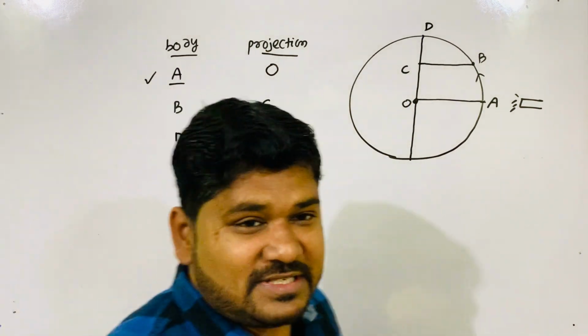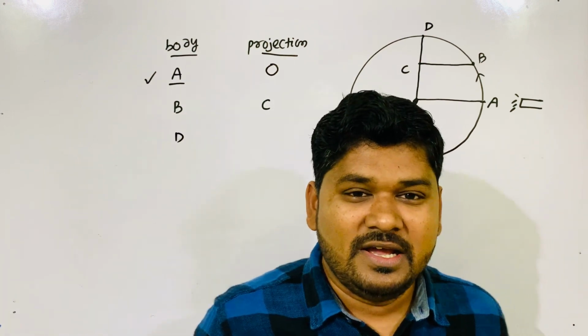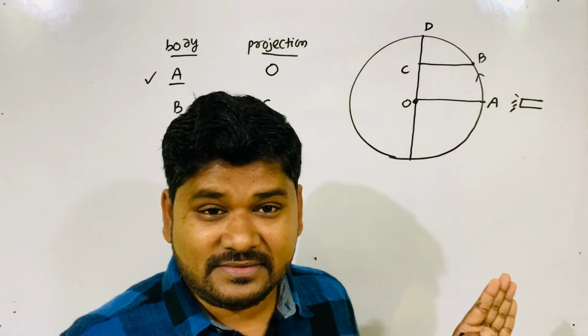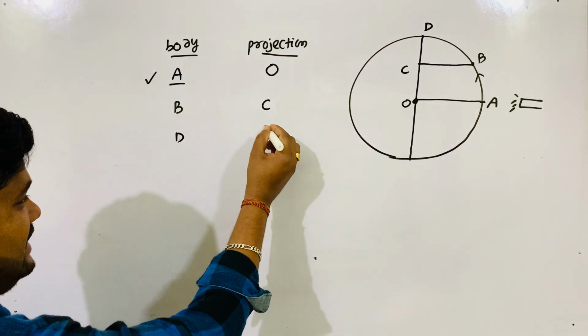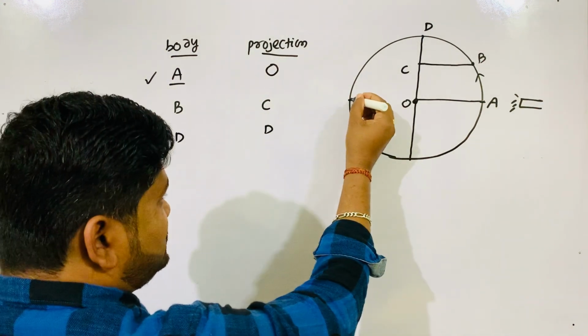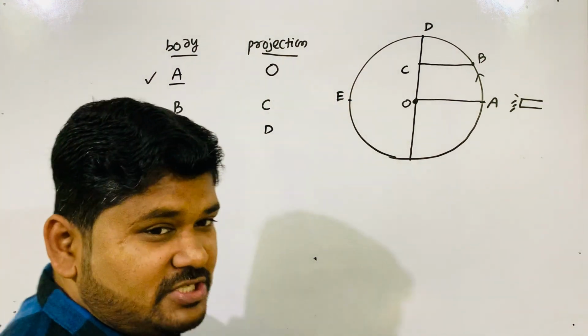When the body is at D, where is the projection? That point itself is the projection, because it is not required to draw, as it is already on the diameter. We are taking the projection on the diameter, and D is already on it. When the body comes to point E, where is the projection?